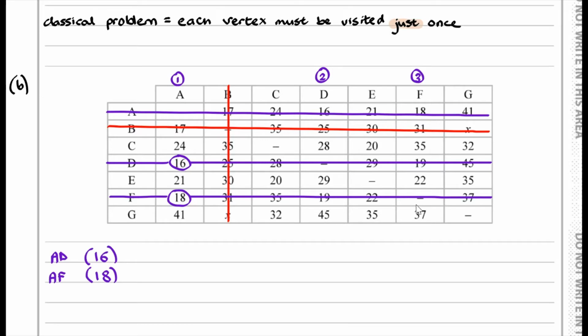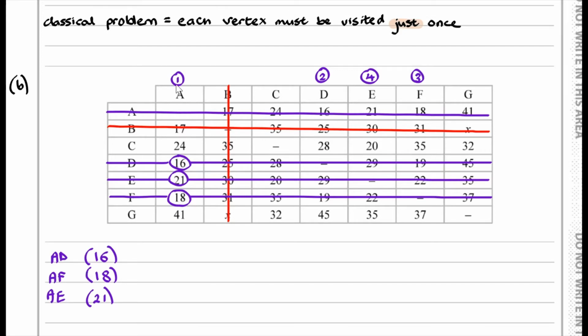You'd find the smallest number to be 21 over here. So we circle this 21. That corresponds to AE. And then we delete this entire row, like so. And then we assign the number 4 to the letter E.